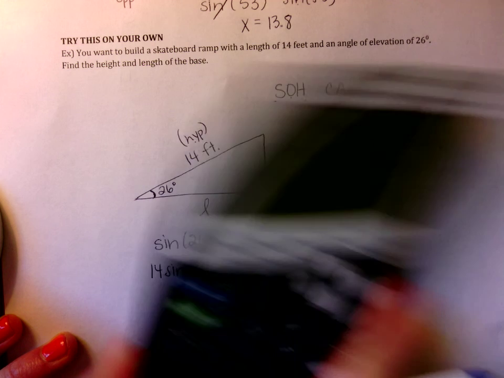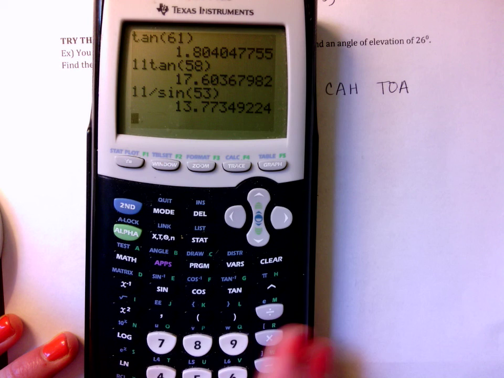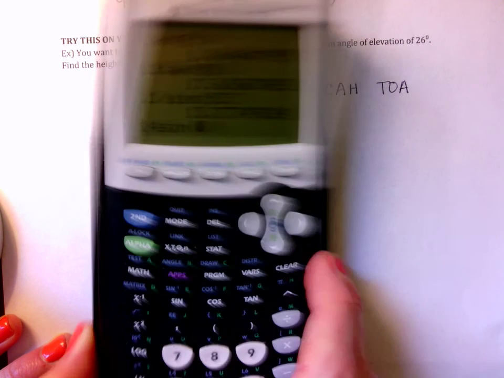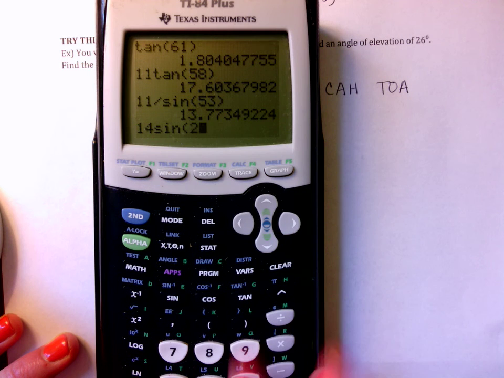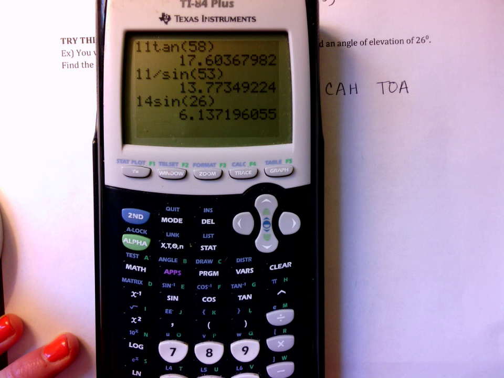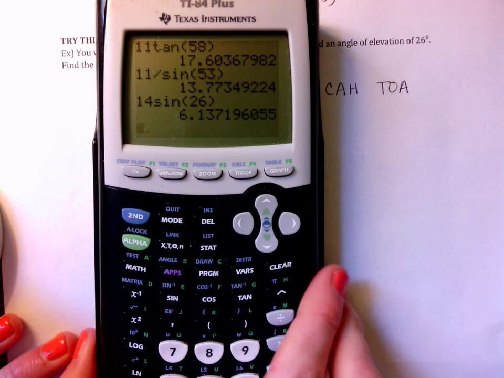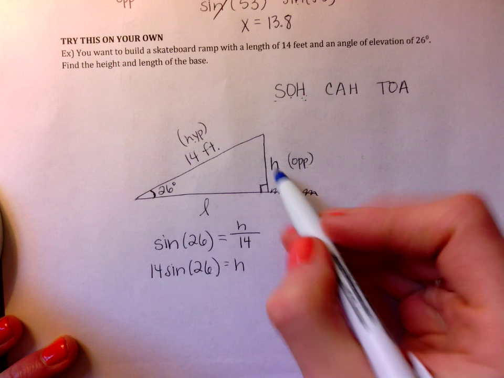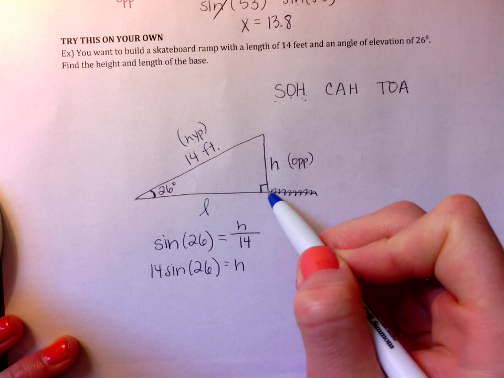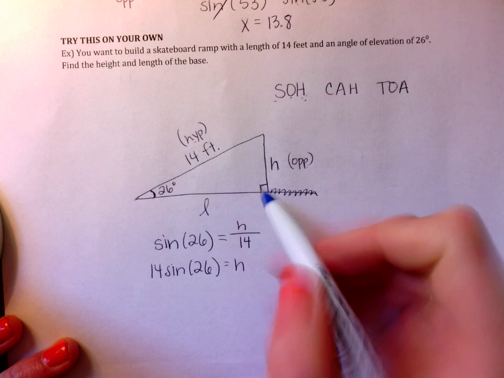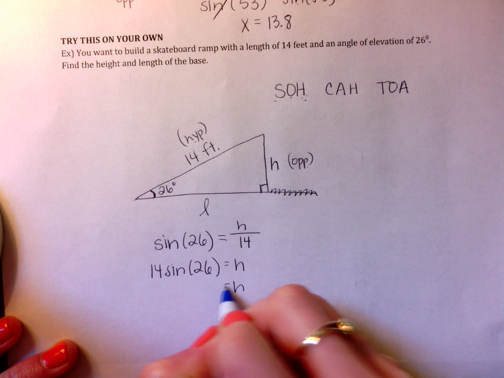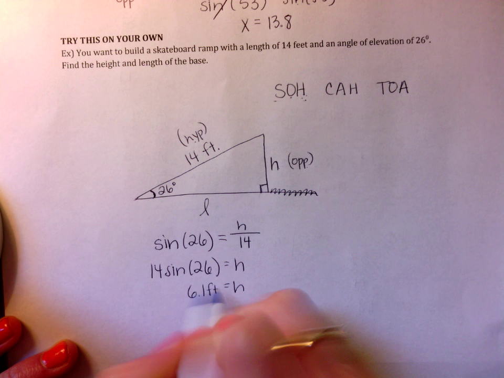Put that in my calculator really quickly. And that comes out to 6.1. So if we looked at the height of a skateboard ramp, that's about right. So h equals 6.1 feet.